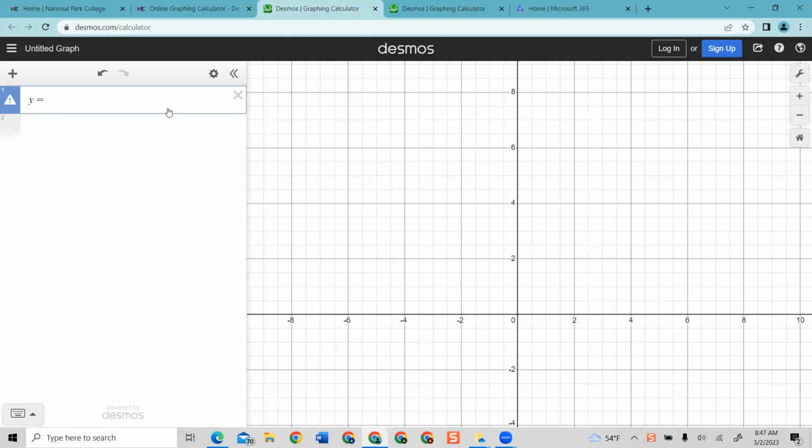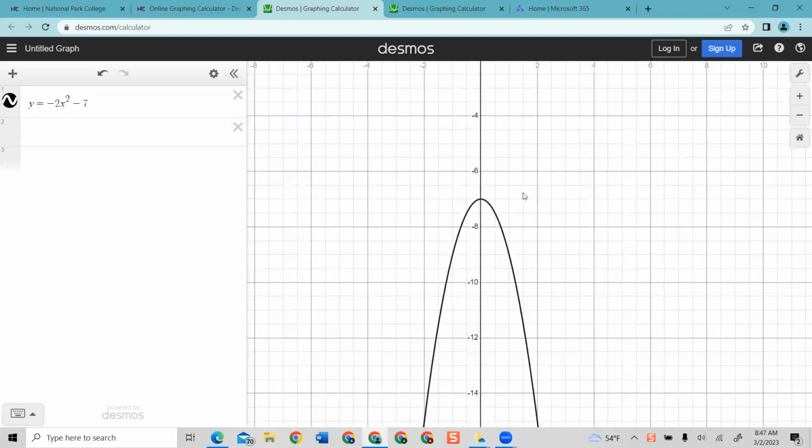Okay, so let's go back to the 2x, and we're going to square it because we know a parabola has a square. Minus 7. Oh, what happens? I'm going to have to scroll down here and look. Right here is our y-intercept, 0, negative 7.